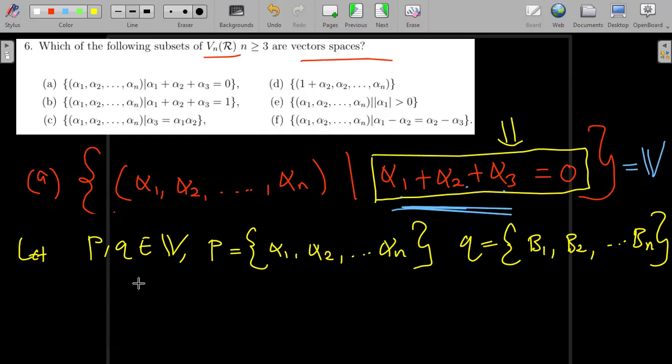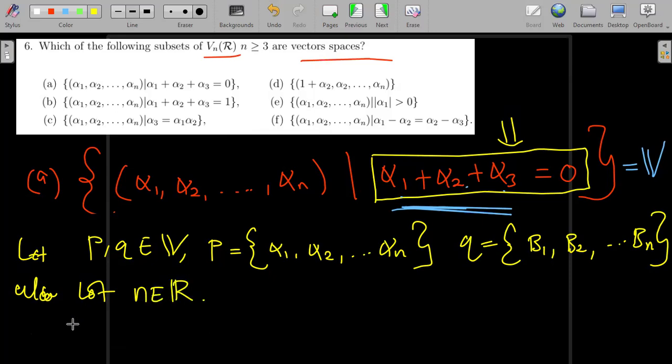So is P plus Q also a part of that set? Here I'm not just going to test the closure rule under addition on its own. I'll put it together with the scalar multiplication. So let n be a scalar, which is a real number.